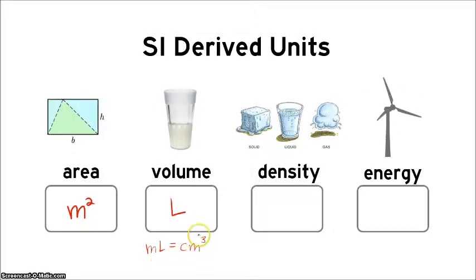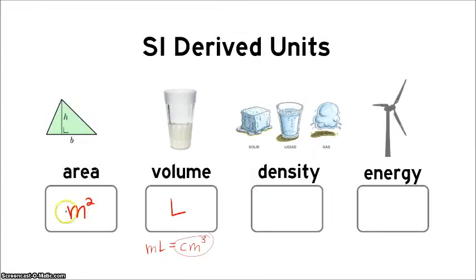Okay, so this is where the derivation comes from. Obviously, when we're measuring area, we go meters times meters. And if we were to measure volume in the same way, we'd go meters times meters times meters, right? So then we have this liquid volume way of doing a measurement, which is liters. So 1 milliliter equals 1 cubic centimeter. That's why it's a derived unit.